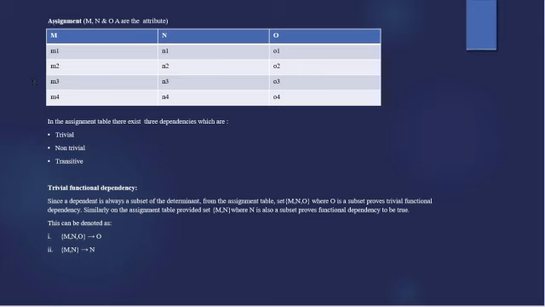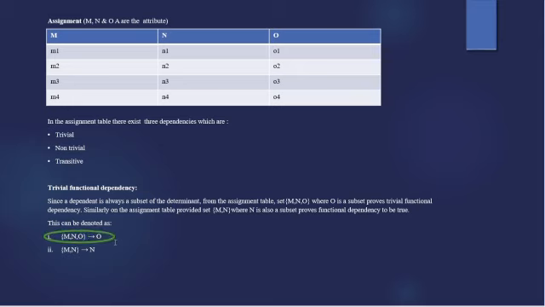These are attributes, all of these attributes. Remember, trivial functional dependence is when the dependent is a subset of the determinant. So we have got M, N, O, and then O is also included inside the set here.